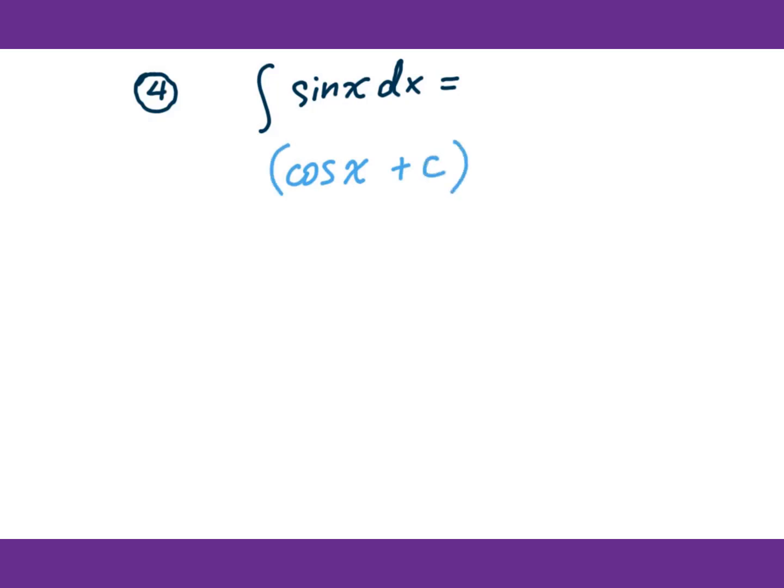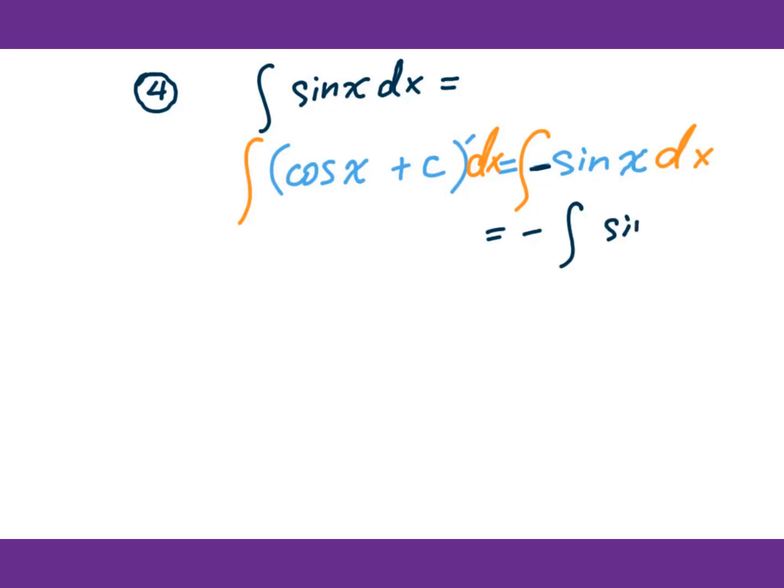Let's go to number 4. What's the integral of sine x dx? We do know cosine x plus c, when we do the derivative, equals negative sine x. So on both sides we do the integral. We have a negative sign, so we take the negative sign outside.